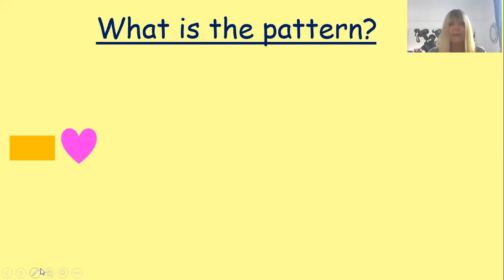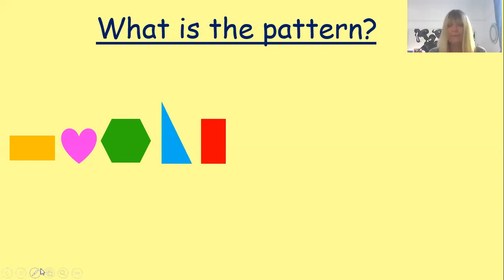a pink heart, a green hexagon, a 6-sided hexagon, a turquoise triangle, a red rectangle, an orange heart, yeah, this is still a hexagon.